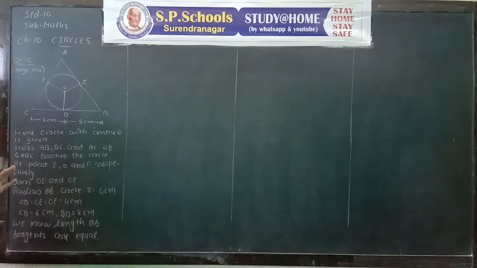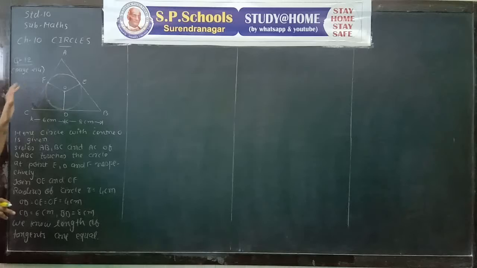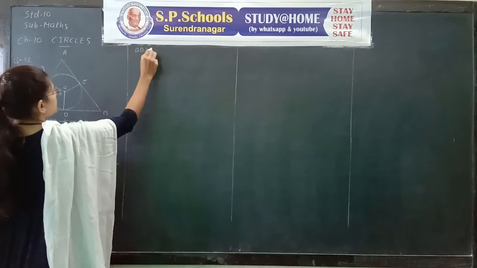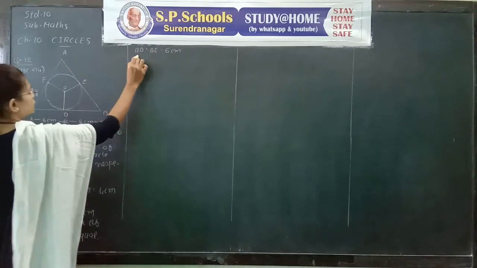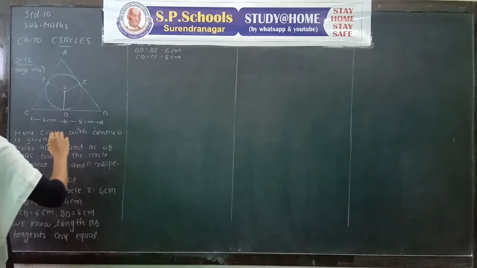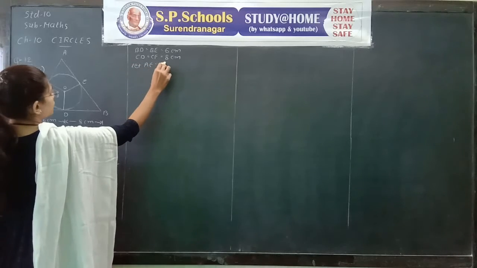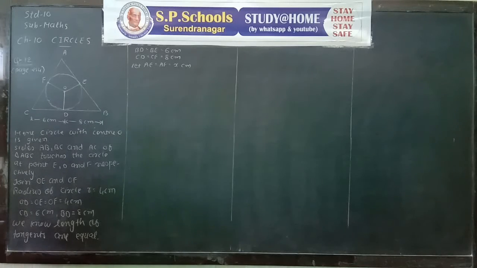AF, AE are a pair of tangents, BE, BD are a pair of tangents, CD and CF are a pair of tangents. BD is equal to BE is equal to 8 cm, CD is equal to CF is equal to 6 cm, and let AE is equal to AF is equal to x centimeter.